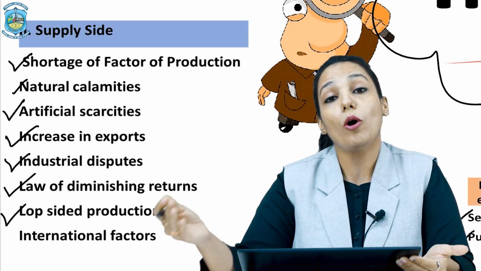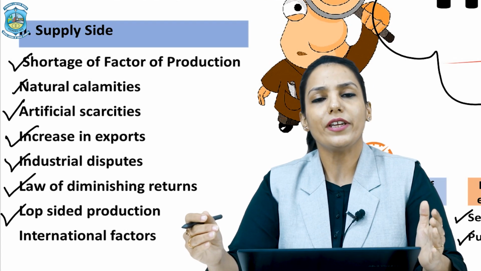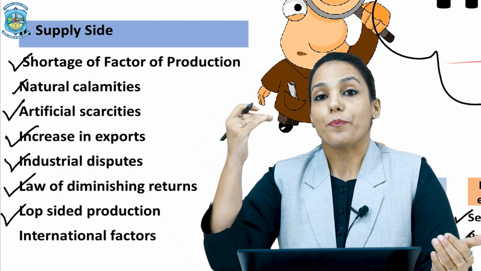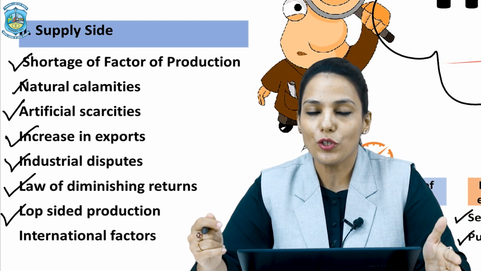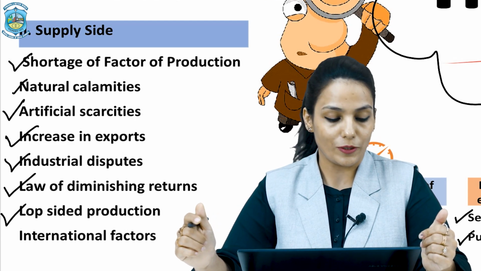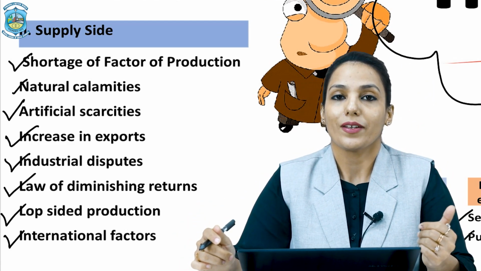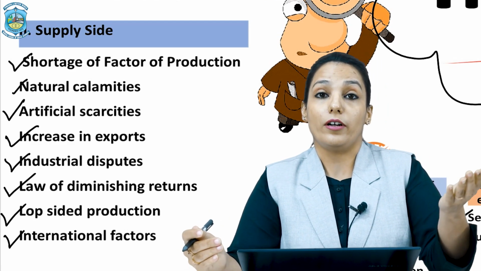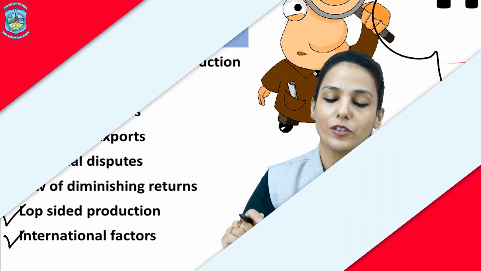Or due to lopsided production, maybe due to inefficiencies or diseconomies of scale, the production has decreased. This decreased production will lead to shortage of goods and services. Or due to international factors like wars, that can also disrupt the production or the supply of raw material which is required for producing goods and services.